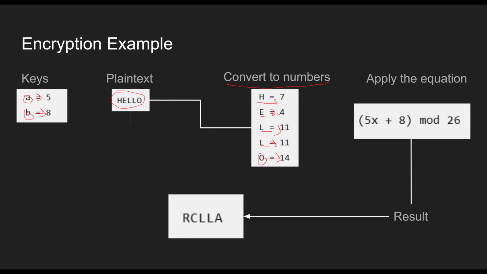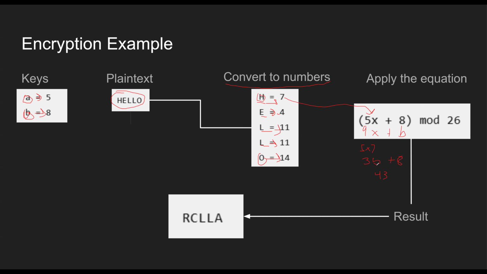Then we take our A value and plug it into the A position here. Then we take our B value and plug it into the B position here. And then we have our X. So we go through this entirely character by character. We take the value of H, which is 7, and plug it into X. That gives us 5 times 7, which is 35, plus 8, which is 43.